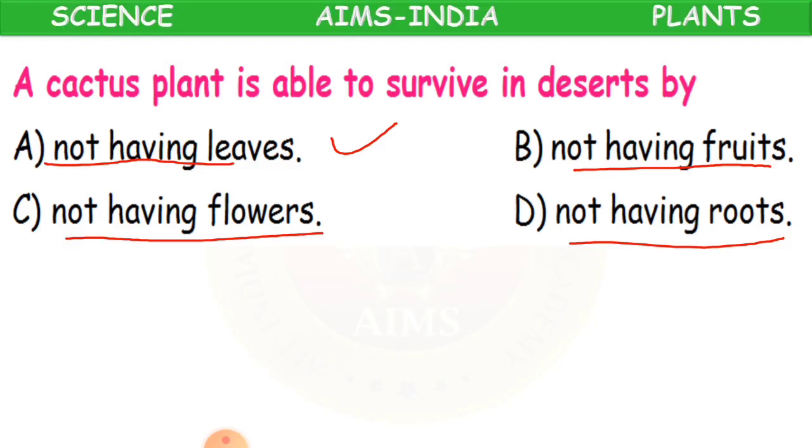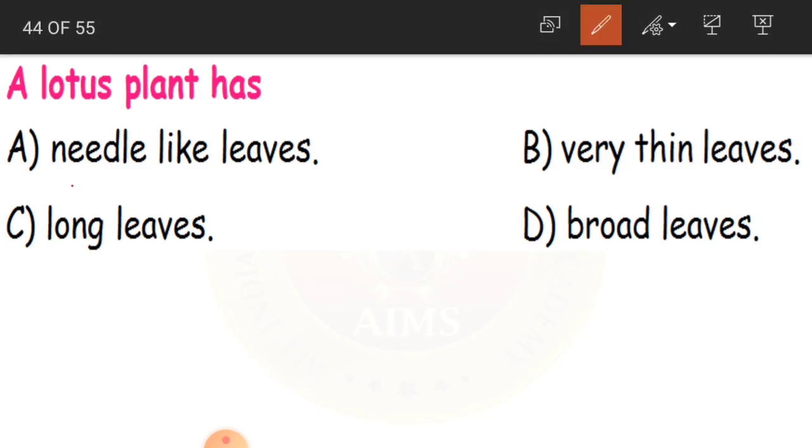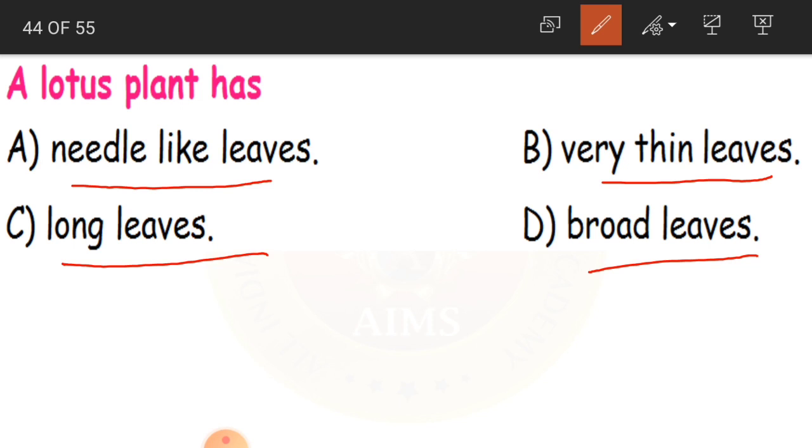Okay, children, clear? Now the next question. A lotus plant has what type of leaves? Either needle-like leaves, very thin leaves, long leaves or broad leaves. Answer is D, broad leaves, and they are also broad and waxy leaves.